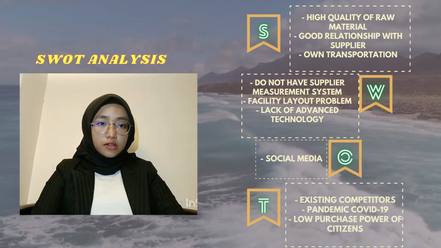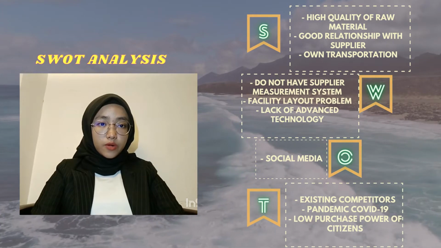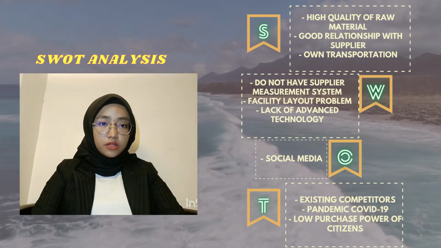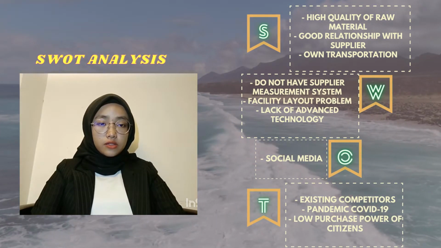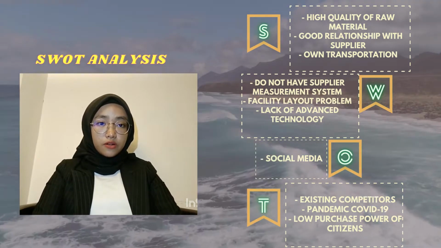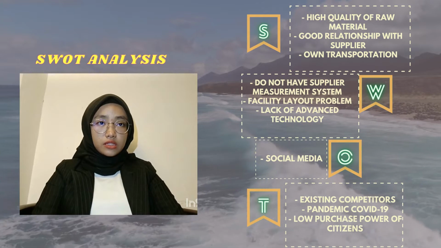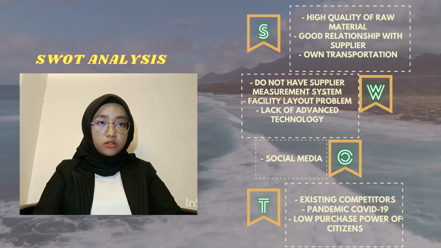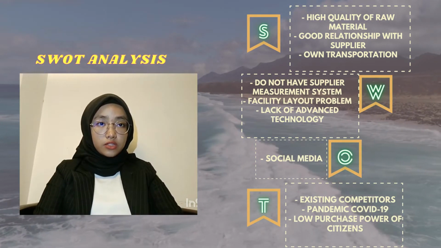Now it is the analysis of findings for Jamirah Food Industry Sdn Bhd. We have two analyses. Number one is a SWOT analysis. Number two is a 5C analysis. S for strengths, W for weaknesses, O for opportunities, T for threats. SWOT strengths for Jamirah Food Industry Sdn Bhd are high quality raw materials and a good relationship with their suppliers.